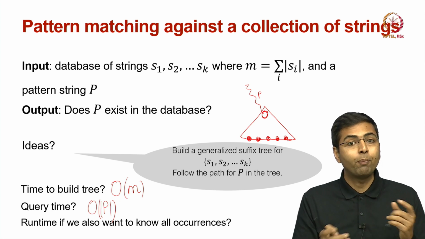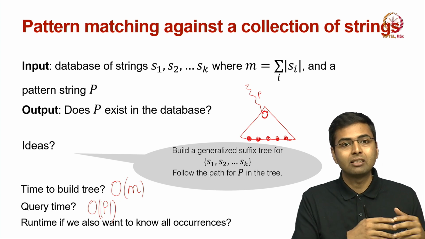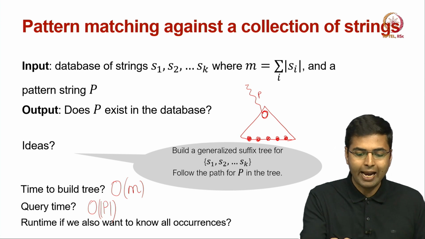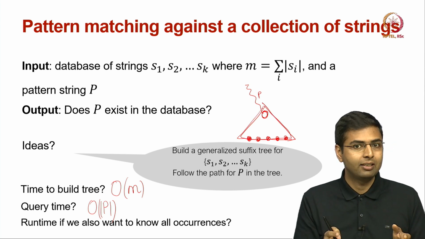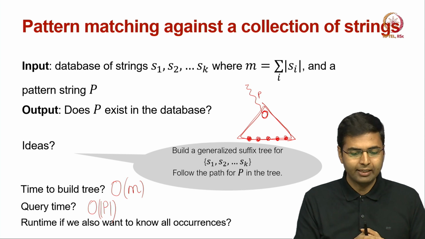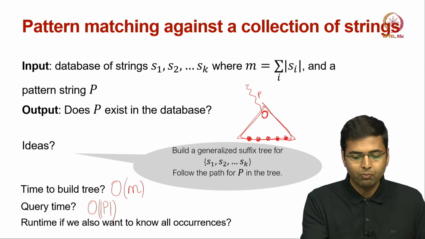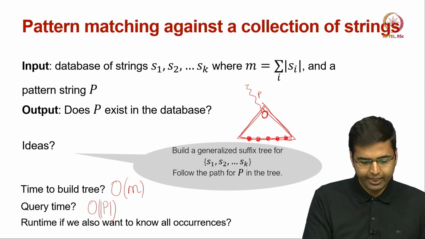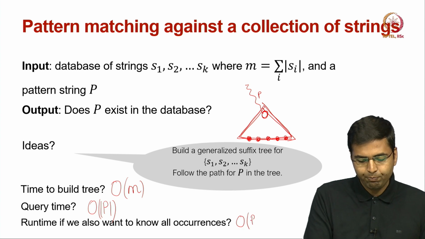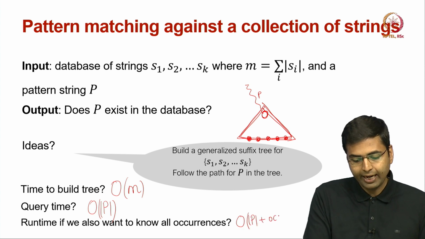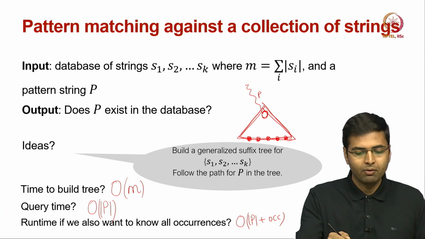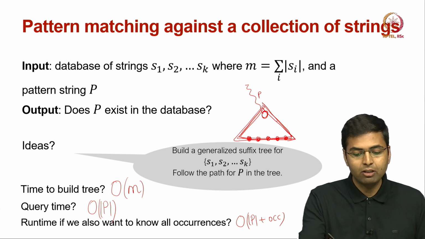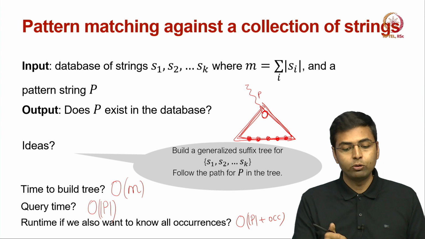By the property we discussed before, the size of the subtree will be in the order of the number of leaves in that subtree. Given that property, we can answer this question in p plus OCC time, where OCC is the number of occurrences, because even a linear time traversal of this subtree will take order OCC time.